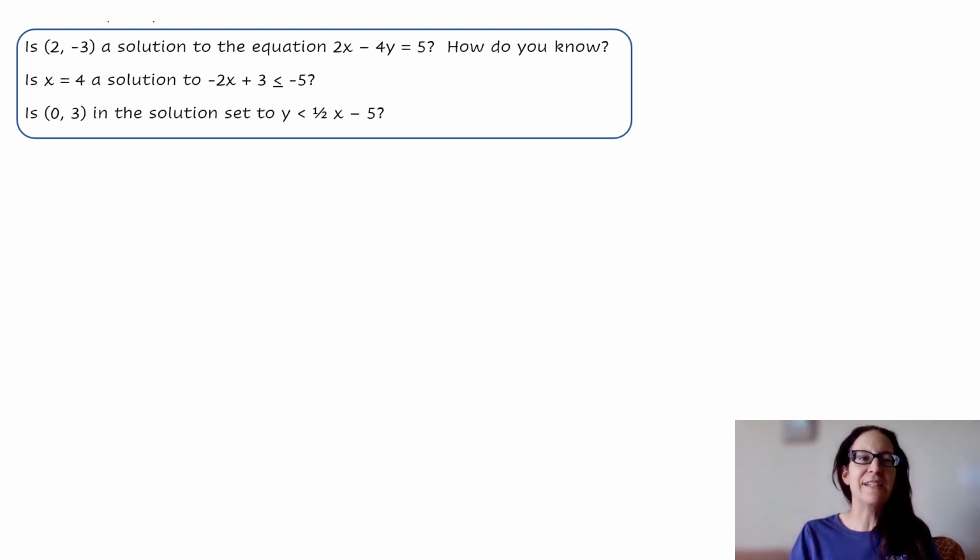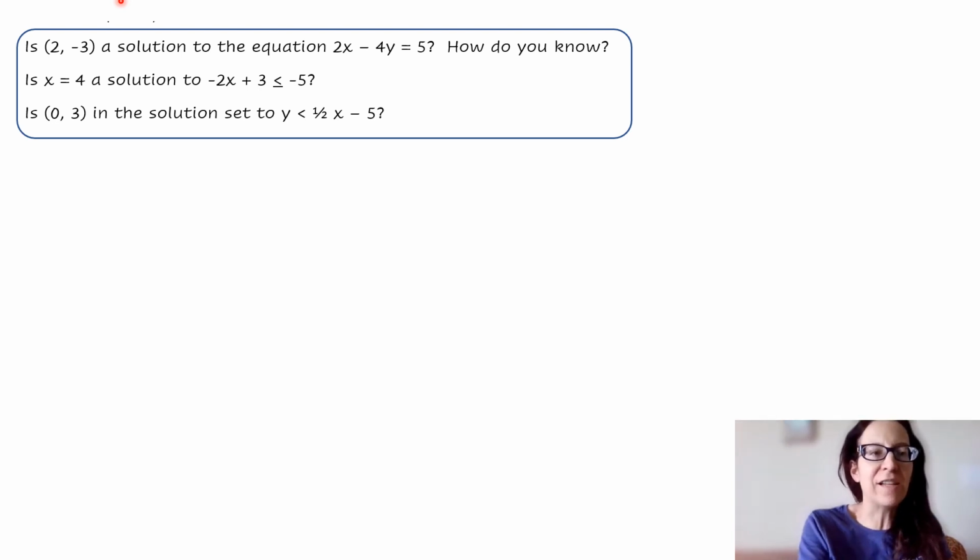First question here: is the point (2, -3) a solution to the equation 2x - 4y = 5, and how do you know? The how-do-you-know piece of that is so important. It's not just can you generate yes or no, but that you understand why. And so that comes down to what is a solution.